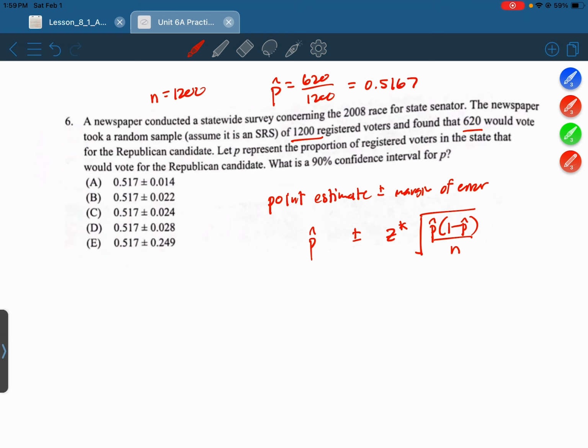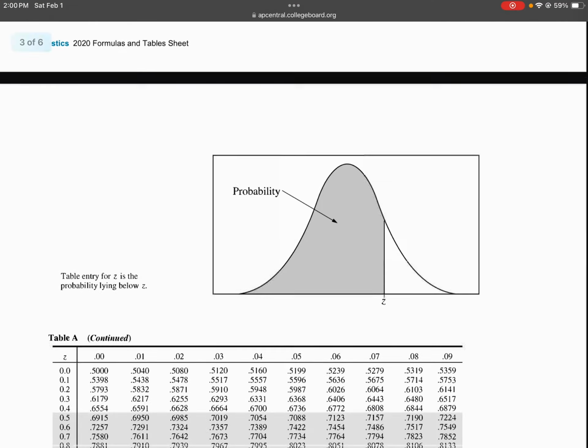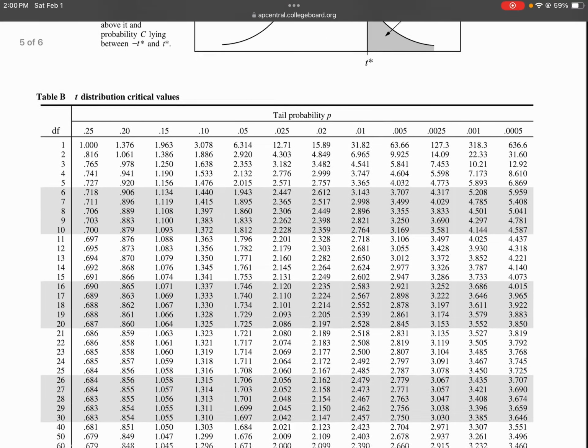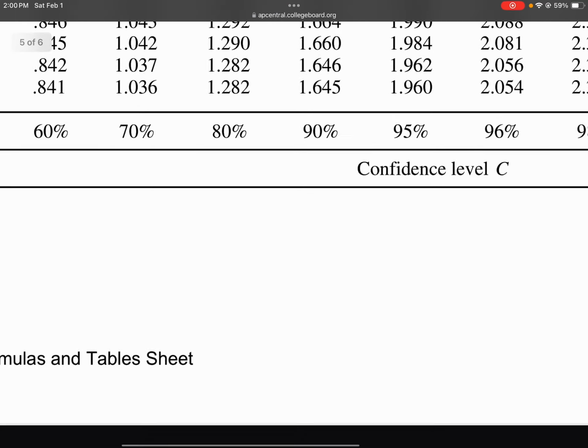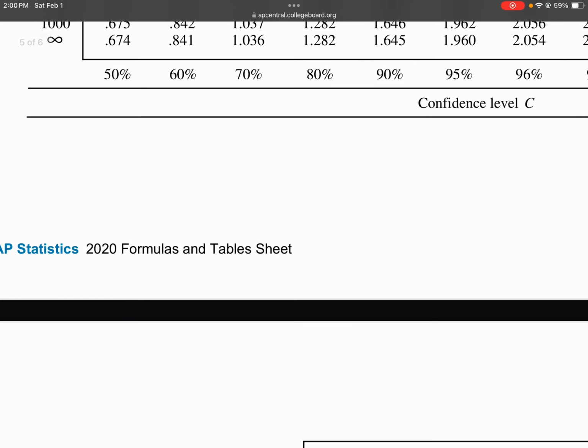The other thing we know is the confidence level is 90%. So what critical value would we use for 90%? In this table here, there is a list of critical values.